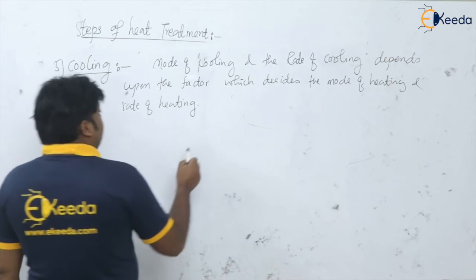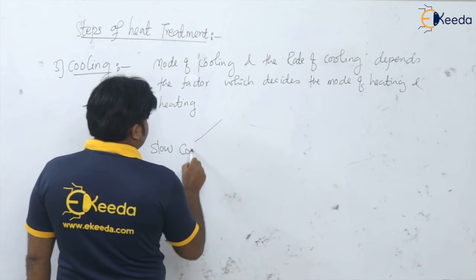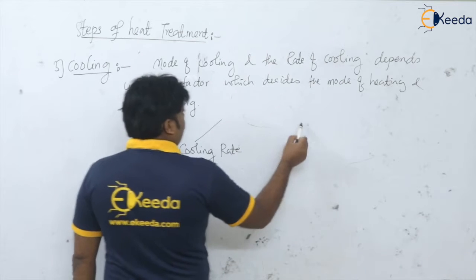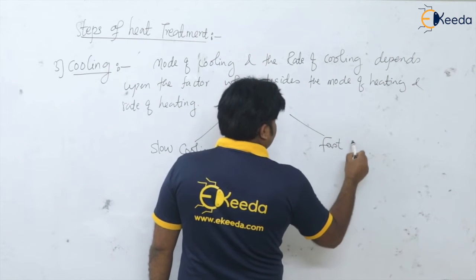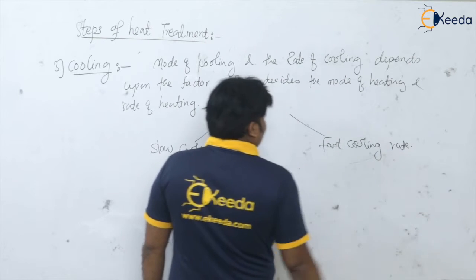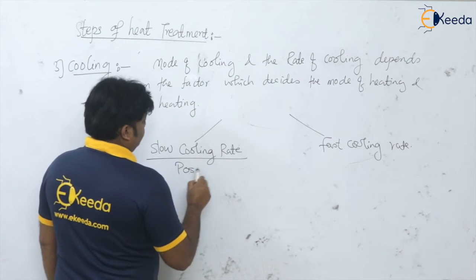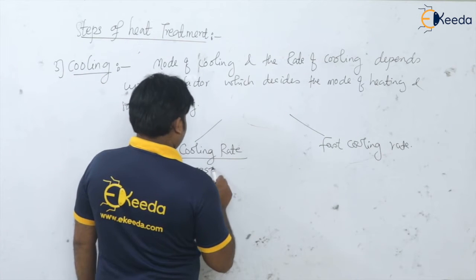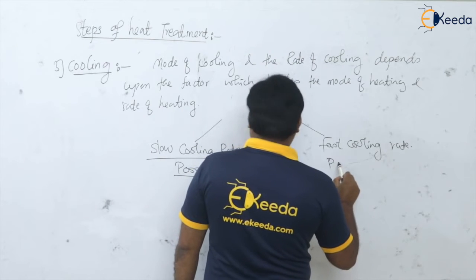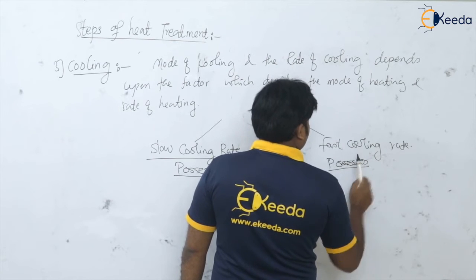Either we can have a slow cooling rate or we can have a fast cooling rate. So what does the slow cooling rate possess? And what does the fast cooling rate possess?